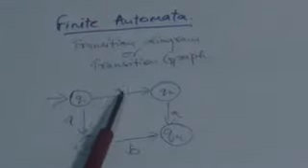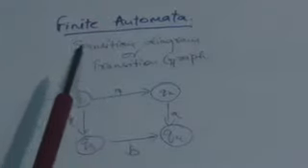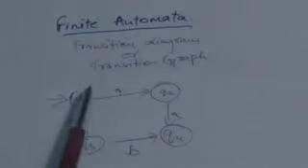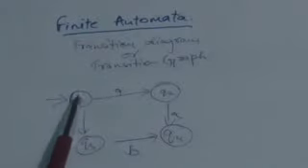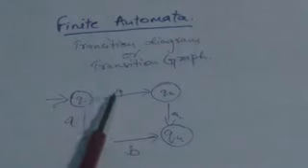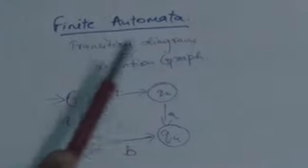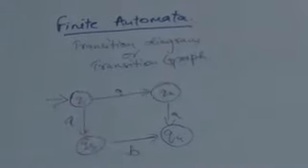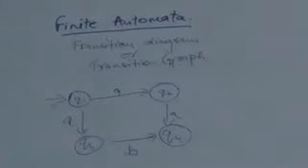It is labeled with A. It is from Q1 to Q2. It means when the machine is in state Q1 and it reads a symbol A, it will jump to state Q2. That is in graphical form.